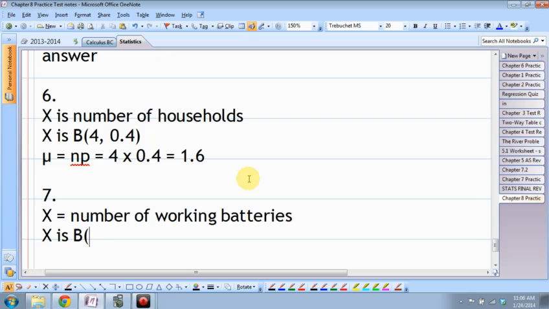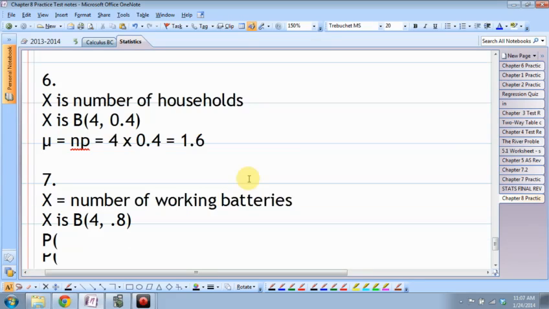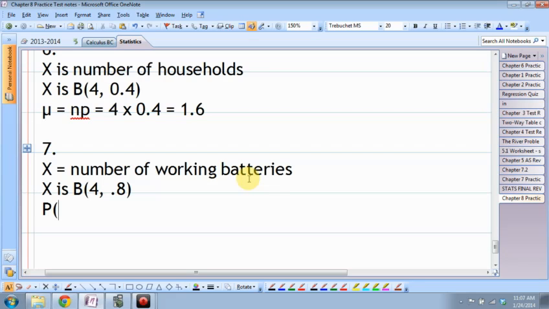Since we have the independence, the probabilities do not change. We have a set number of trials, and we have either success or failure with a probability of 0.8. We want to know the probability that the cassette recorder will work. So basically, we're saying that the probability that X is equal to 4, meaning all 4 batteries work.